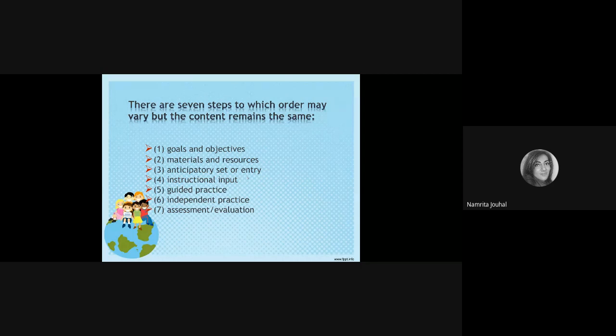It's not necessary that they go in this order, but these are important steps for lesson planning: ensuring the goals and objectives; material and resources; anticipating anything, such as a group coming in or exiting; instructional input, what instructions you're going to give; guided practice in the group; then the independent practice; and how the assessment and evaluation is done.